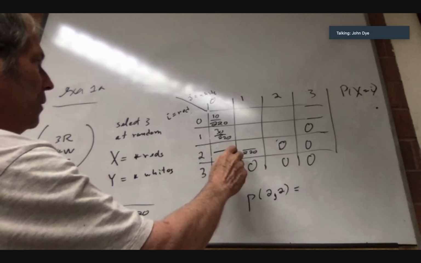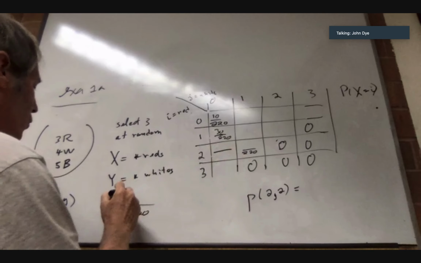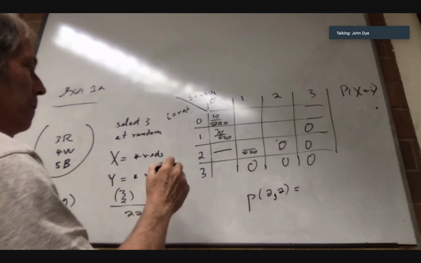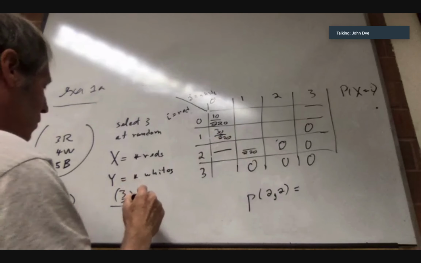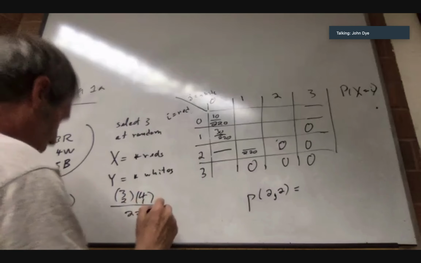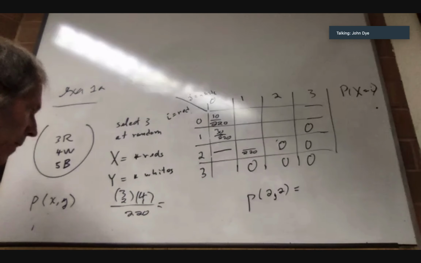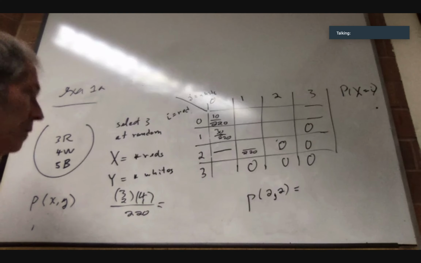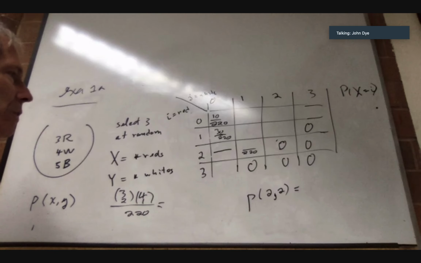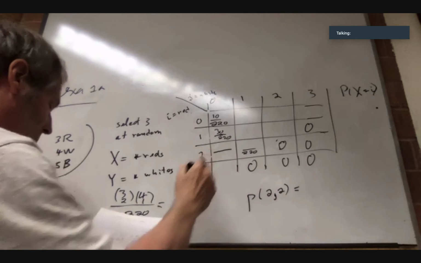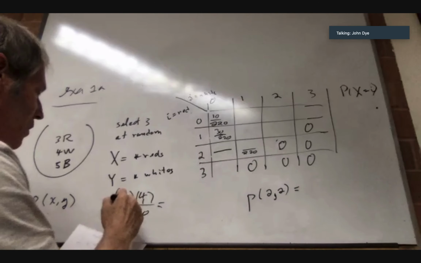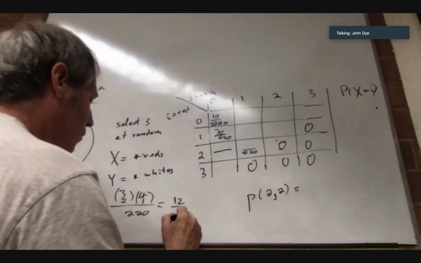In this case, you have 2 reds, so 3 choose 2, and then 1 white, 4 choose 1. That's 3 times 4. Which one was I doing? Oh, this one down here. So that's 4 times 3 is 12 over 220.